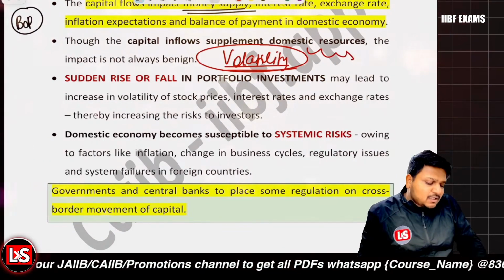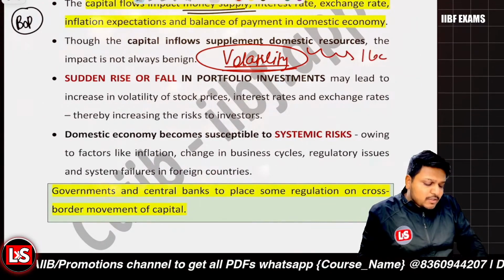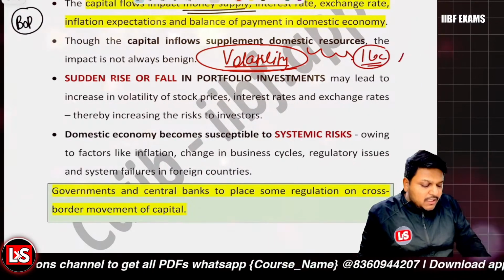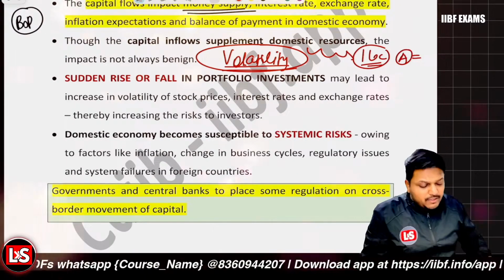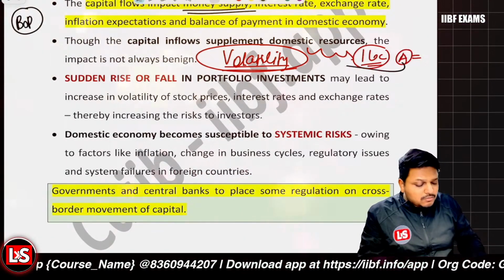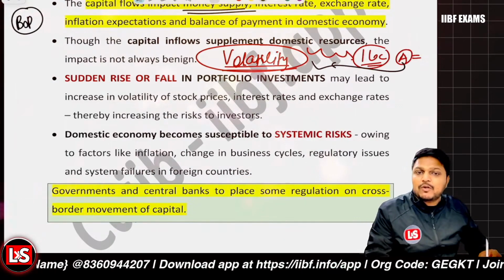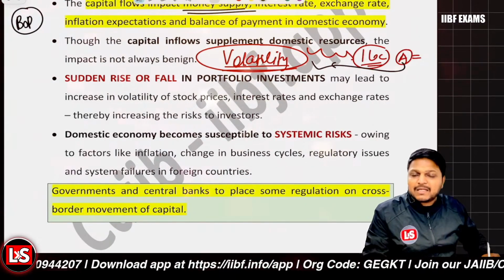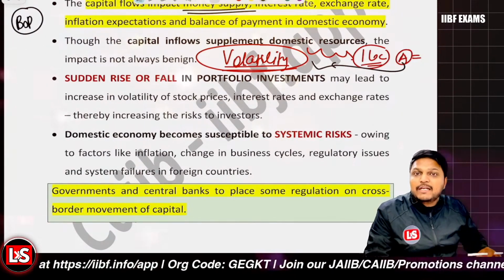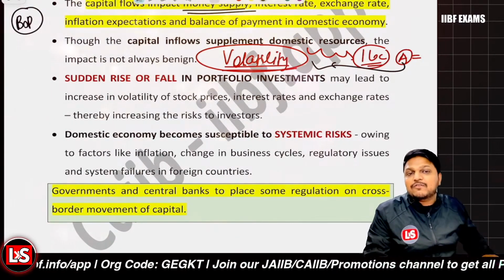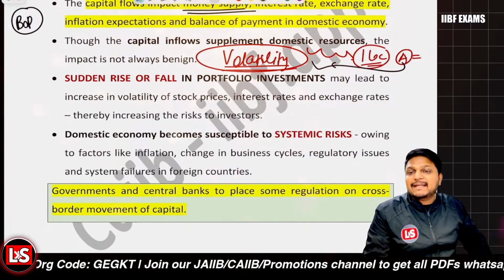Let's say 10,000 crores or 1 lakh crore are invested in one country. Now it's going to impact the money supply of that particular country. And let's say if it is suddenly withdrawn, what will happen? Now the sudden movement in portfolio investment will lead to the instability of the financial market of the said country.